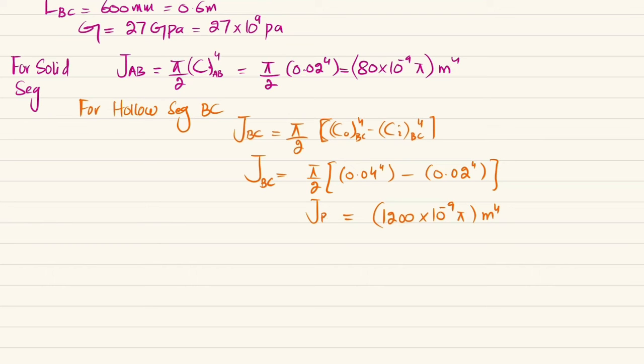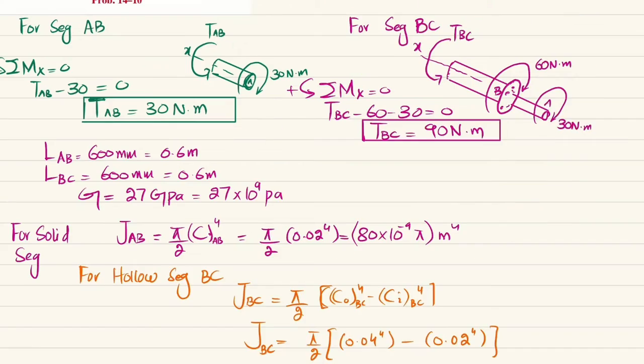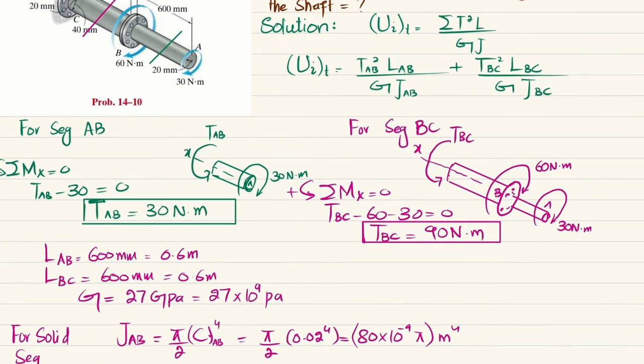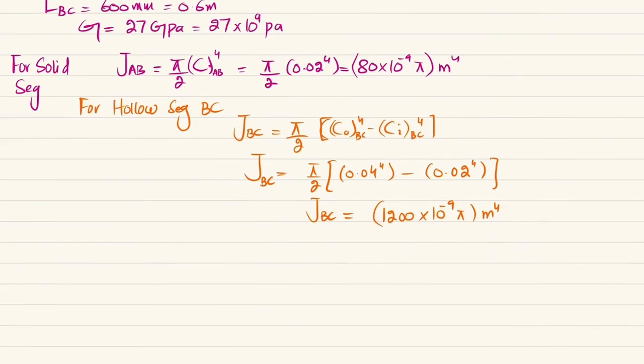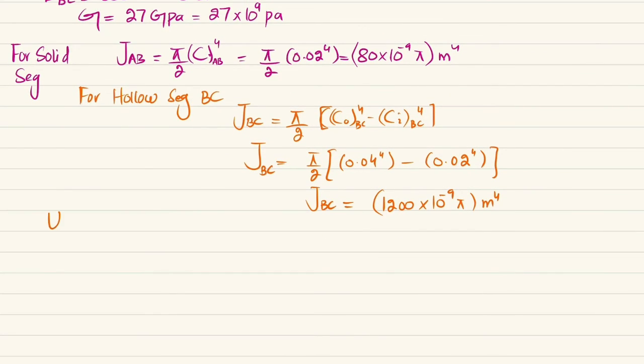That will be JBC. Now you have all these values, you can just put it in this formula, which was strain energy due to torsion equal to TAB square into LAB divided by GJAB plus TBC square into LBC divided by GJBC.